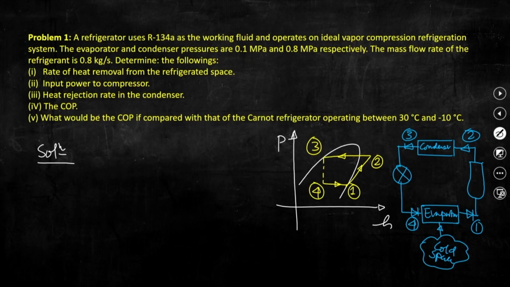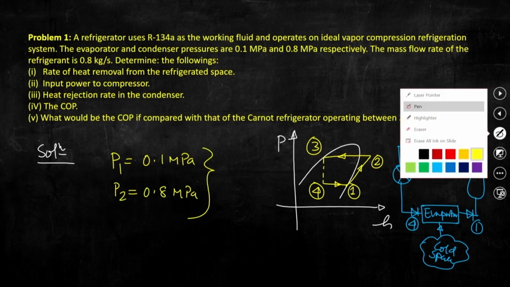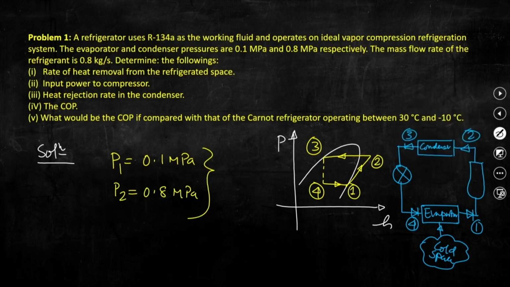Now, from the given data, the evaporator pressure is 0.1 MPa. So, basically P1 is 0.1 MPa and P2 equals 0.8 MPa. Okay. So, this is what we can write from the problem statement.